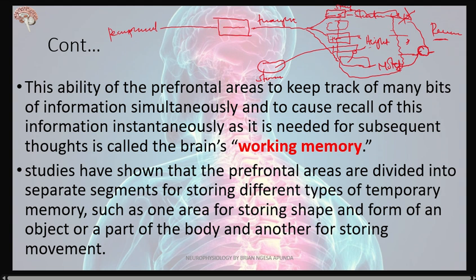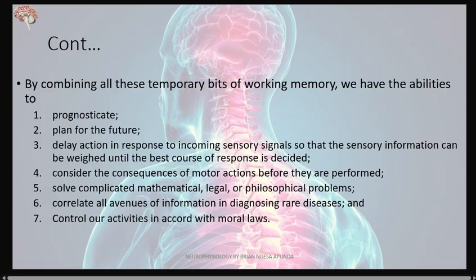Studies have shown that the prefrontal areas are divided into separate segments for storing different types of temporary memory, such as one area for storing the memory in regard to shape, forming an object or part of the body, or another for storing the movement.